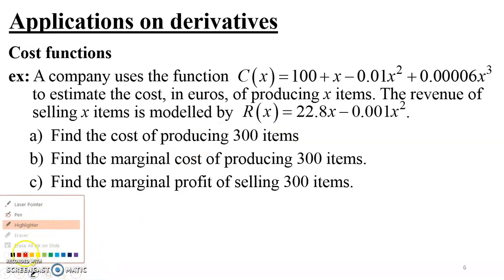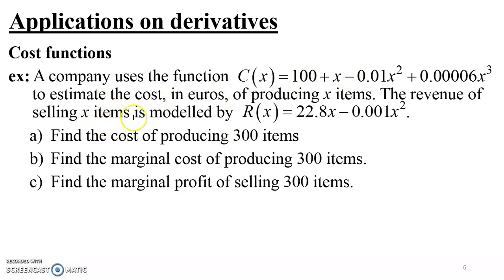So now, having highlighted the difference between the different cost functions, it would be similar if we were to study a total revenue, a marginal revenue, and an average revenue, similarly to the profit. So over here, if I were to look quickly at this exercise in order to put everything we've explained into perspective: a company uses the function C of x equals this cubic polynomial to estimate the cost in euros of producing x items.